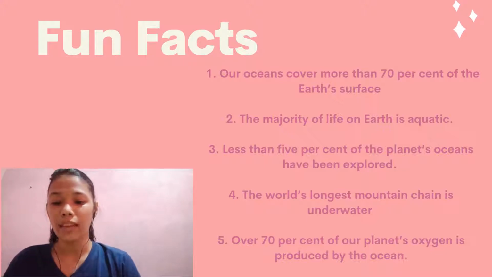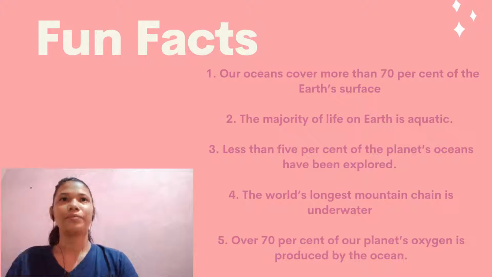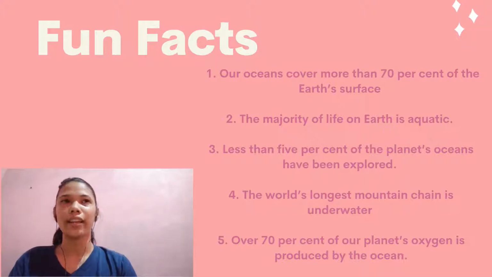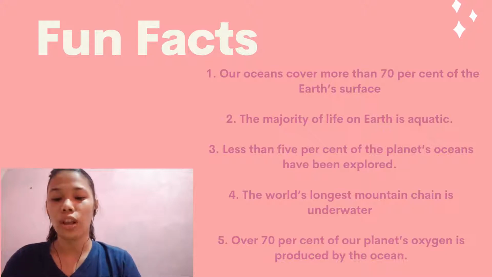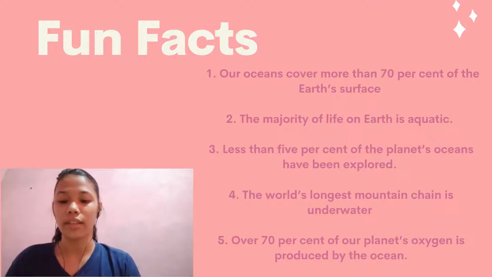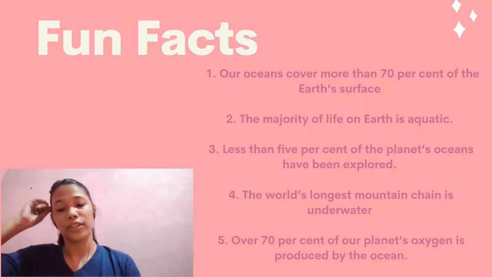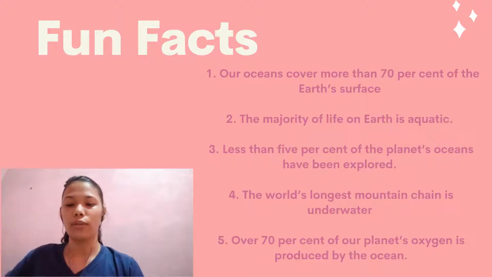Less than 5% of the planet's oceans have been explored, so that means that there are a lot of areas in the oceans that our scientists and other explorers have not been to. The world's longest mountain chain is underwater, and over 70% of our planet's oxygen, as I mentioned earlier, is produced by the ocean.